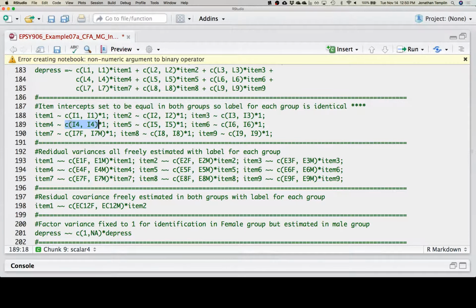It was I7, I7, right? So now I just relabel it I7F and I7M. Like for male? That's right. So first group is female, second group is male, and that's where it shows up in this clunky syntax. Now I will note in the process of invariance testing, yes. So by specifying F and M, that means we are freeing the, yeah.